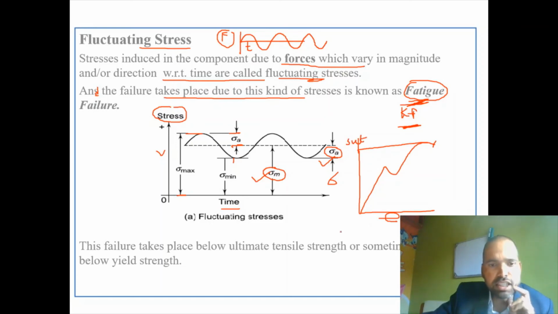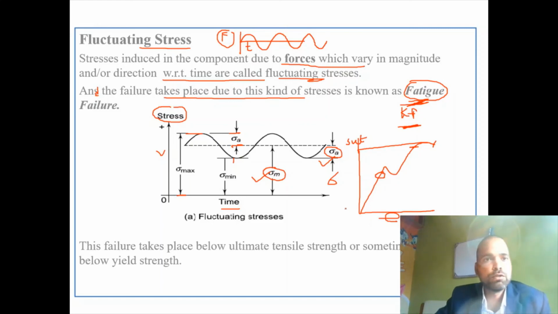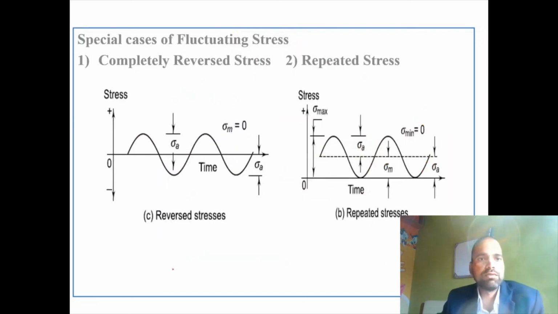But in the case of a component subjected to fluctuating stress, the material may fail, or always fails, below the ultimate tensile strength, never reaching it, and sometimes it also fails below the yield strength. Hence the design of components subjected to fluctuating load is very important from the mechanical engineering point of view for the safety of the component. As failure takes place below ultimate tensile strength or sometimes below yield strength, we have to focus on design of components subjected to fluctuating stress.